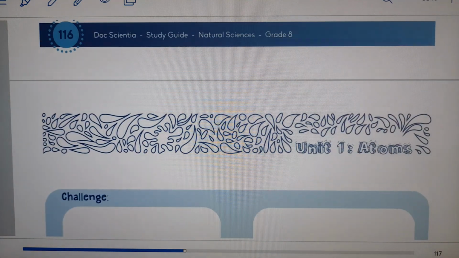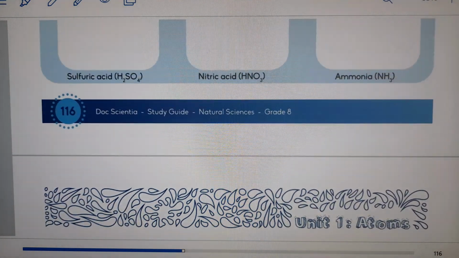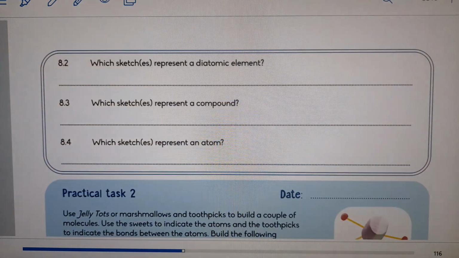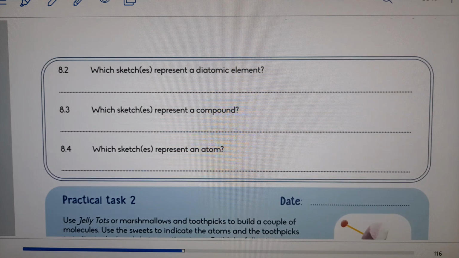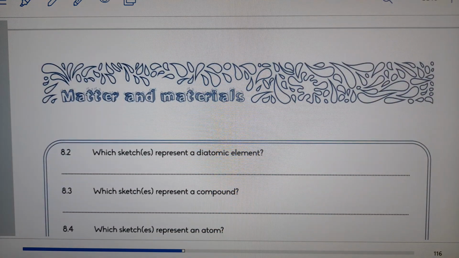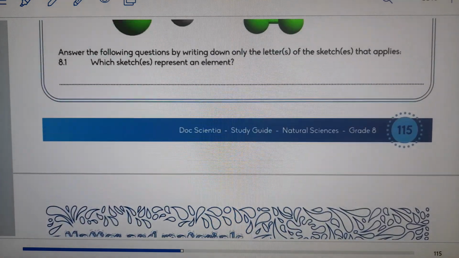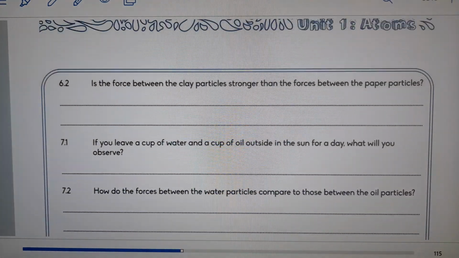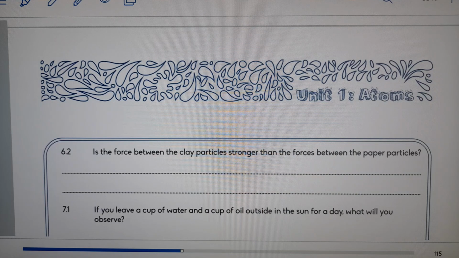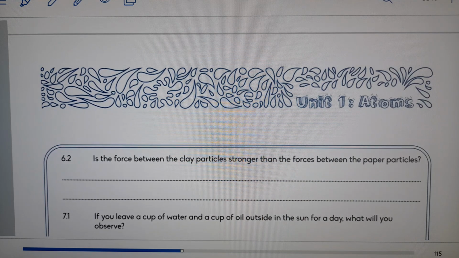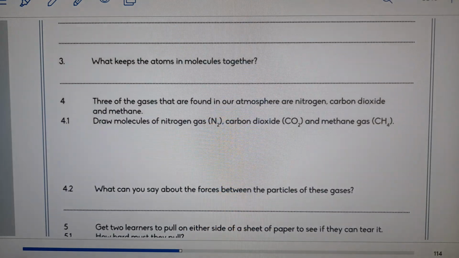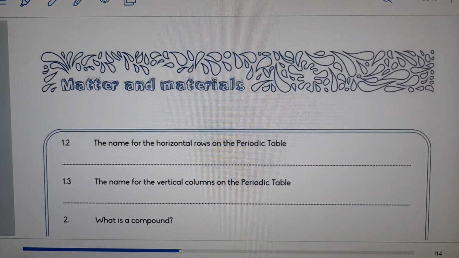Now I want us to go to the exercise. I think it's exercise number 10 from your textbook, starting from page 114 if I'm not mistaken. Let's see.